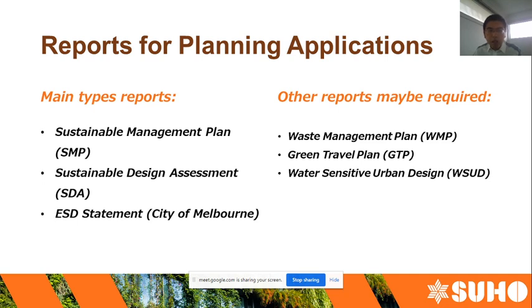The difference between the Sustainable Management Plan and the Sustainable Design Assessment is that SMP is usually used for large to medium scale developments like big office or hotels, whilst SDA is more suitable for small developments. So if you only have like 1 or 2 townhouse developments, you need to have SDA done for this. There are also other reports that may be required in this planning stage. There are Waste Management Plan, Green Travel Plan, and Water Sensitive Urban Design plans.